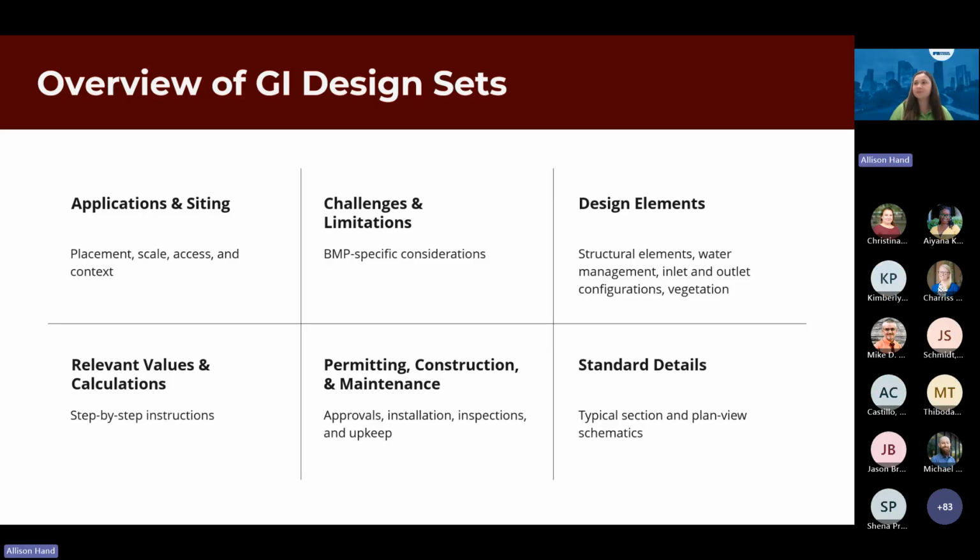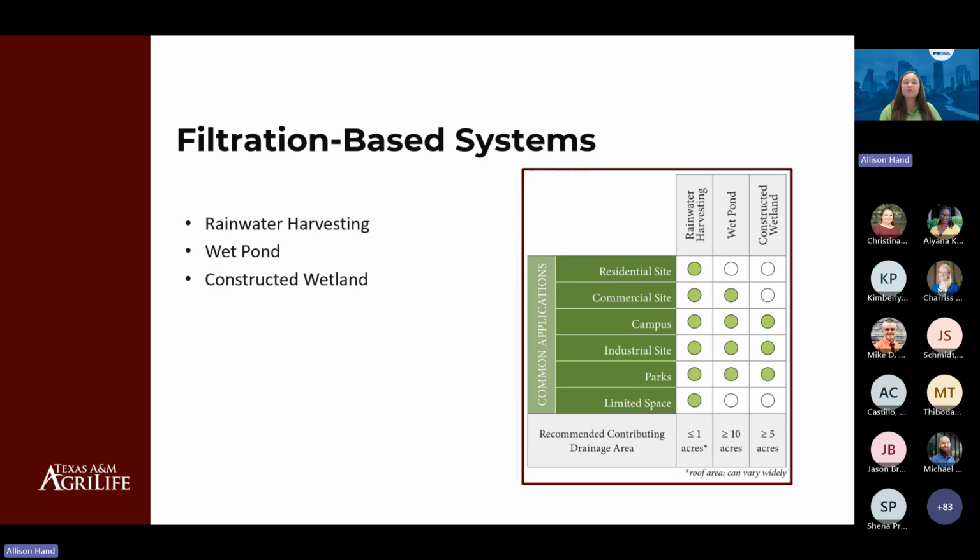Thank you, Sheena. Now that we have walked through how to use the implementation guide, we're going to walk through how to use the filtration-based systems design sets. As a reminder, filtration-based green infrastructure focuses on capturing, storing, and treating stormwater through detention or reuse, often with structural components like pumps, outfall structures, and the like.